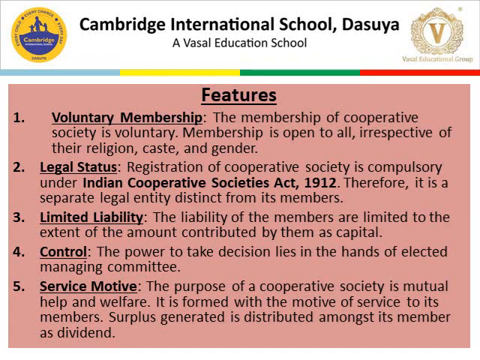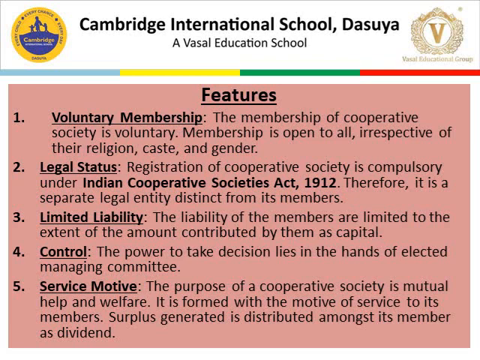Now, a legal status. Whenever the cooperative society gets its legal status by registering itself under the Indian Cooperative Society Act 1912, the cooperative society becomes a distinct entity from all its members.